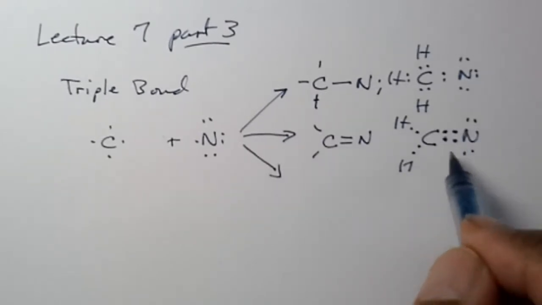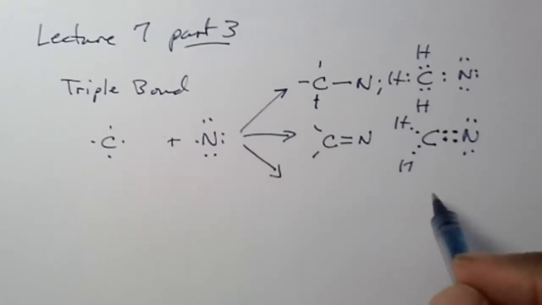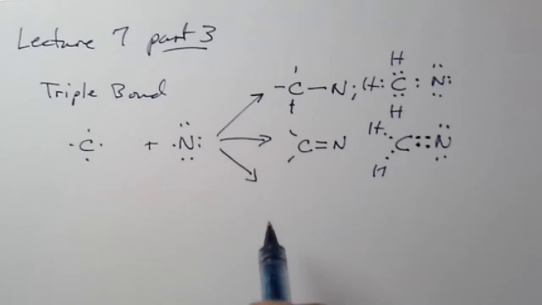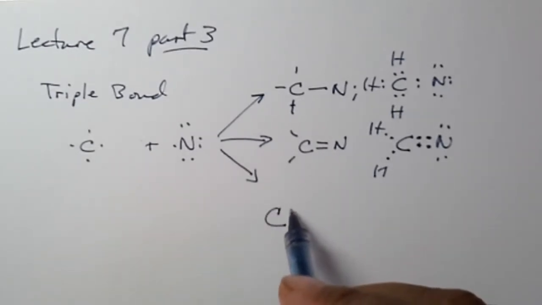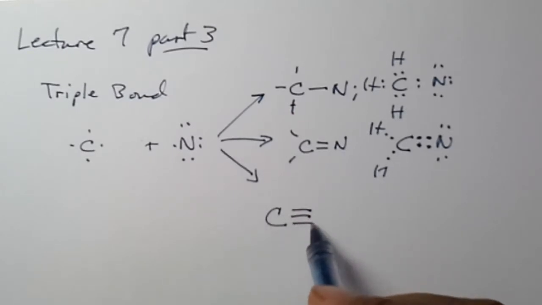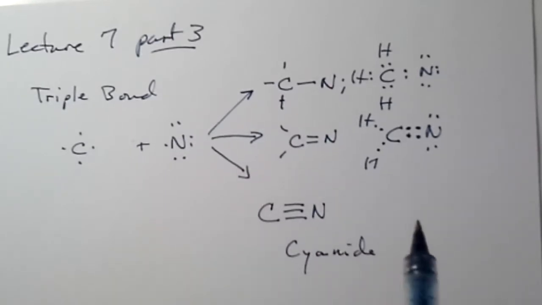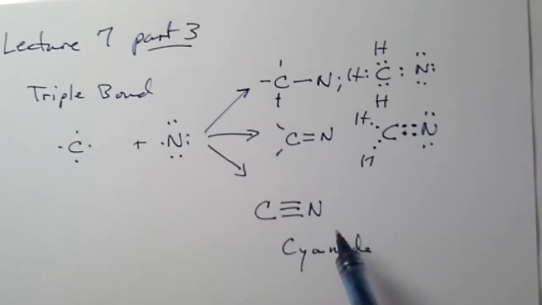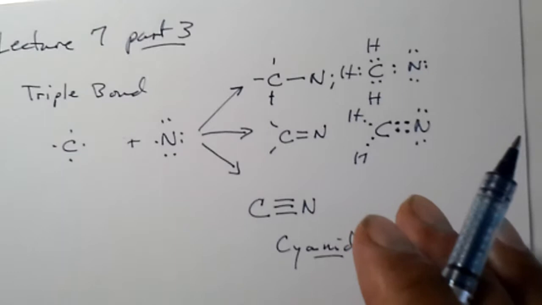We have 8 here, 2, 4, 6, 8 on nitrogen, and we're sharing 2, 4, 6, 8 carbon. And the third is a triple bond, carbon and nitrogen. This is a very toxic compound called cyanide.